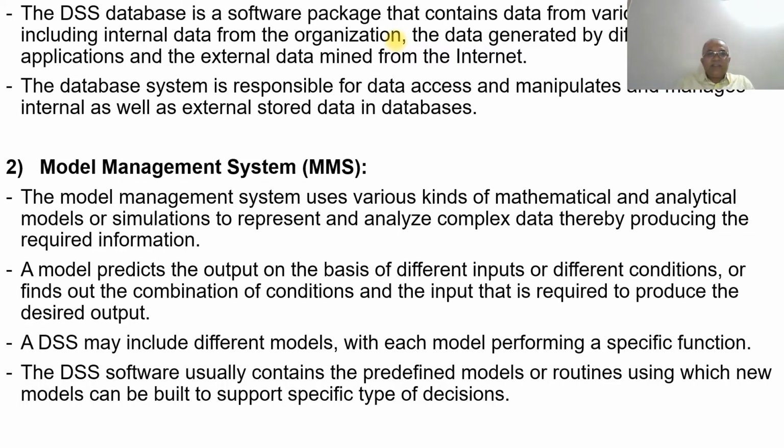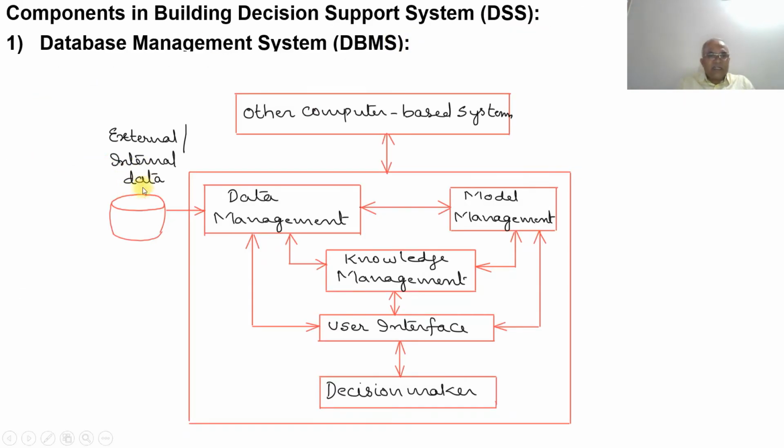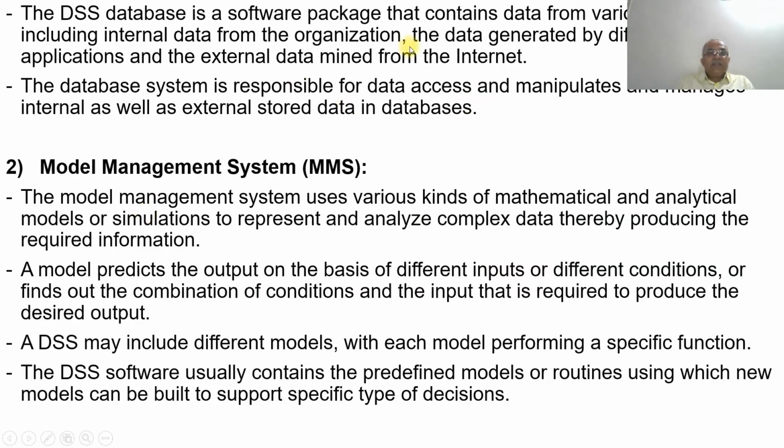So that means you have both internal and external data. The internal data is within the organization, and the external data is taken from the internet. The database system is responsible for data access and manipulates and manages internal as well as external stored data in the databases.